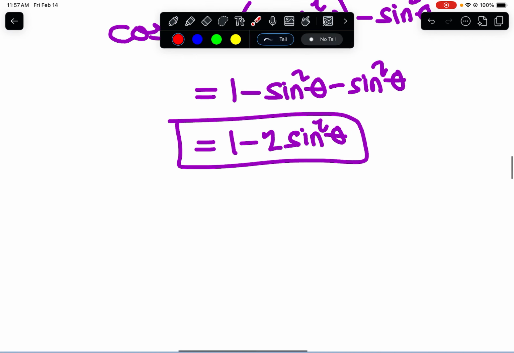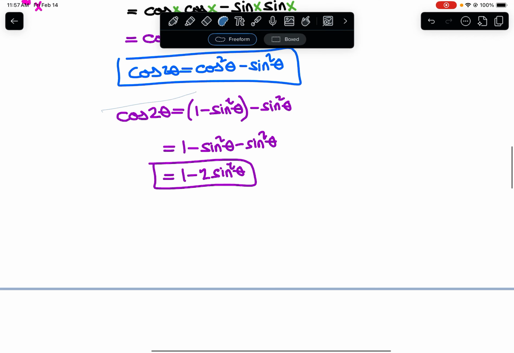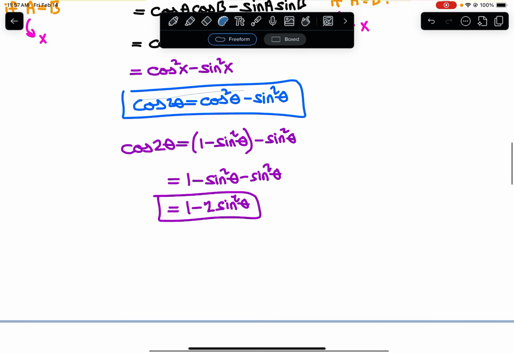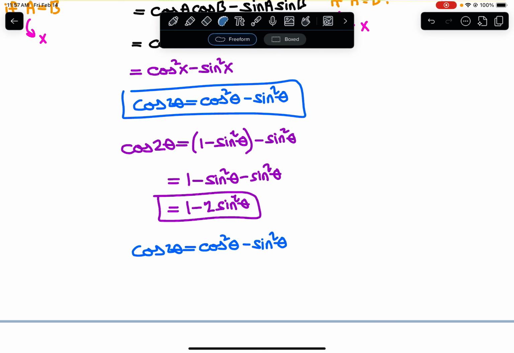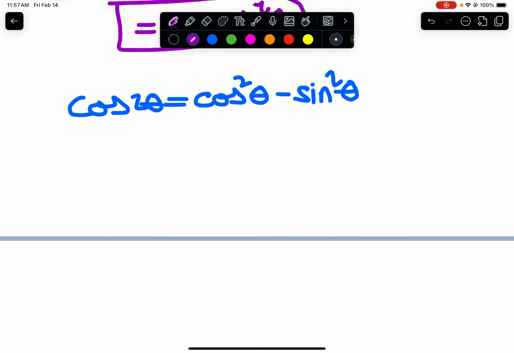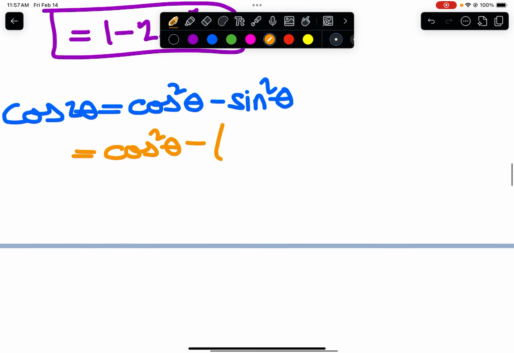And then we're going to do the same idea. So now I'm going to, whoops, not that one. I'm going to copy and paste this one over here, and now we're going to replace the sine. So with this one, cosine squared theta minus sine squared theta, I'm going to replace the sine squared theta with 1 minus cosine squared theta.